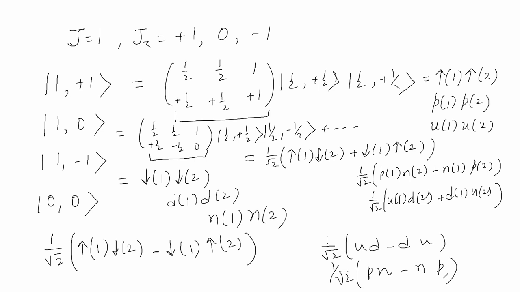You can understand it just by taking these angular momentum half particles, but you can try with 1.5 and taking the different projections, all the possible values you can evaluate for the Clebsch-Gordon coefficient.